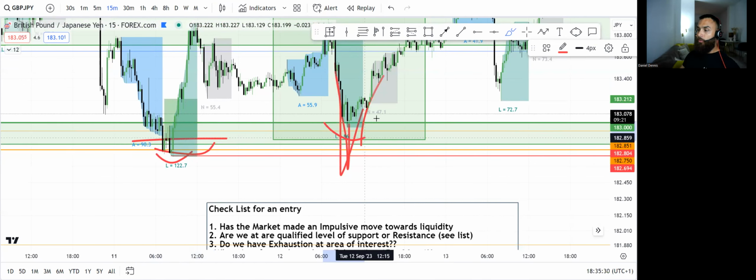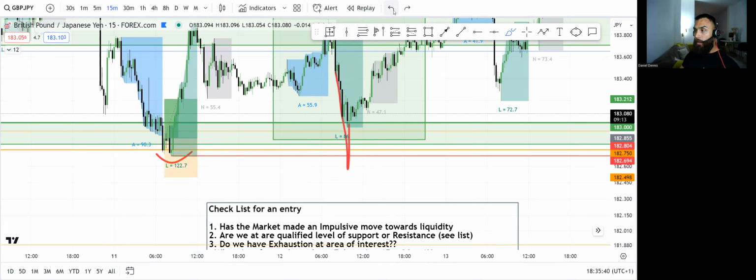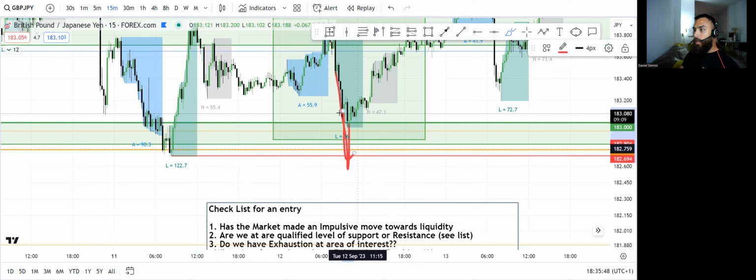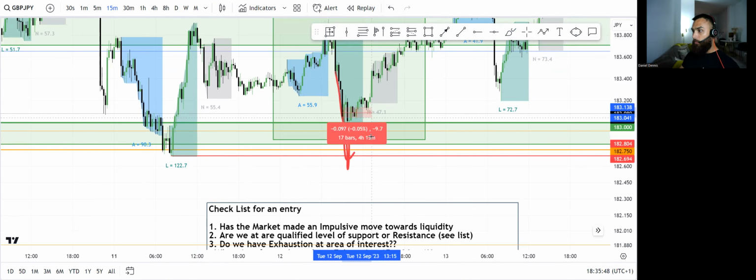The fact that it respected it gives me an indication that we're going up, right? So at this level, I would have taken a buy for definite, but I would have been bearing in mind that the price can come down, and the distance between there and there is quite big. Literally, look, see, 50 pips.